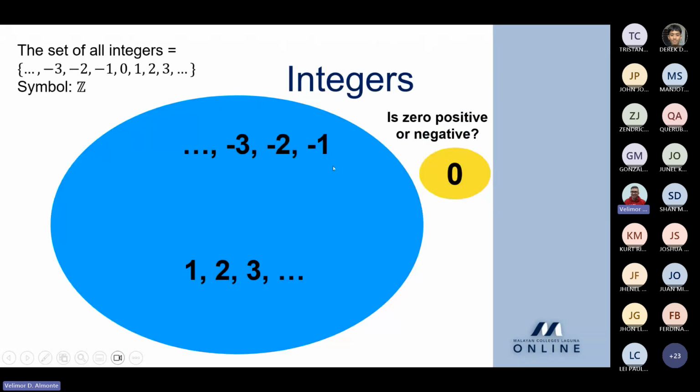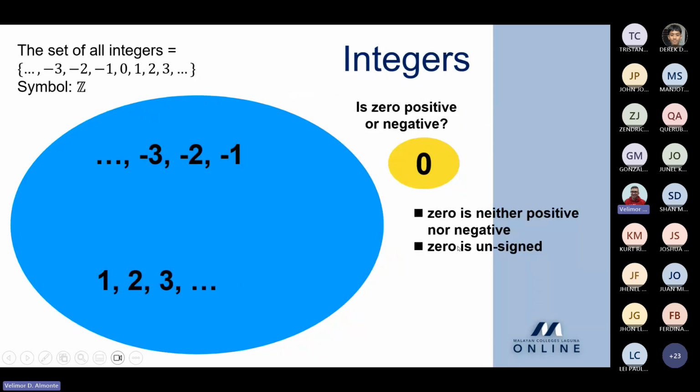So, looking further into the integers, we cannot include 0 in the negative integers, and we cannot include it in the positive integers. So if I look at the integers and group them based on signs, 0 is neither positive nor negative. So we consider it neutral or unsigned.